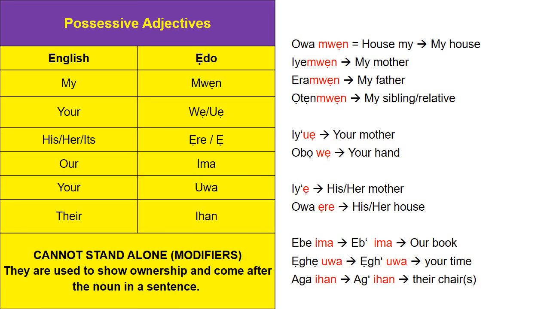So why do we say Ije and not Ije? I would say it's more because of the phonological property of Ije. So we'll just say Ije, and it's smoother, it's shorter, and yes. Then, like I said, Owae is his or her house.